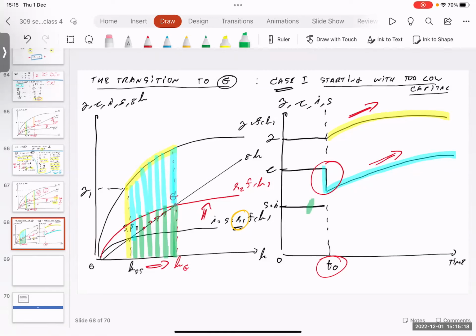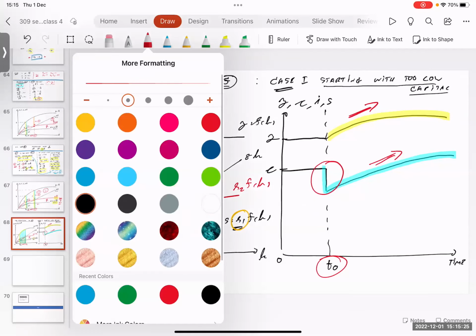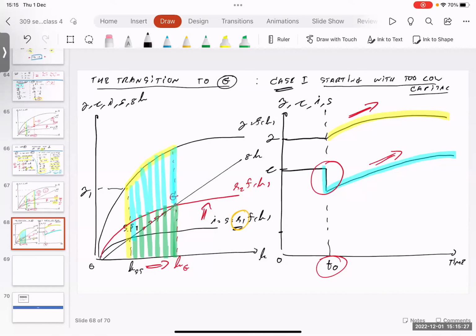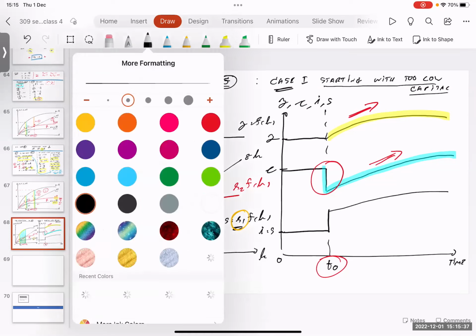Okay, so for investment and saving. Let me share this one a little bit. Investment and saving. At day one, it jumps up and keeps increasing. Okay, this is the green color.